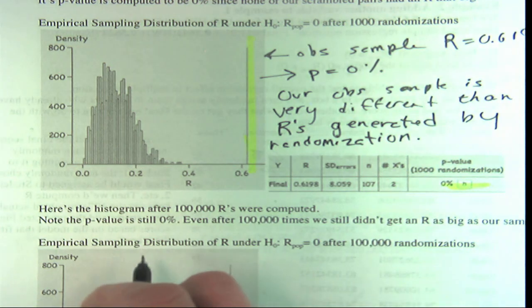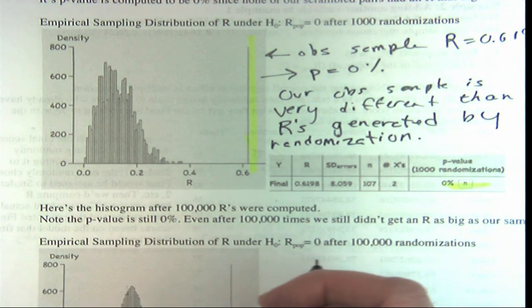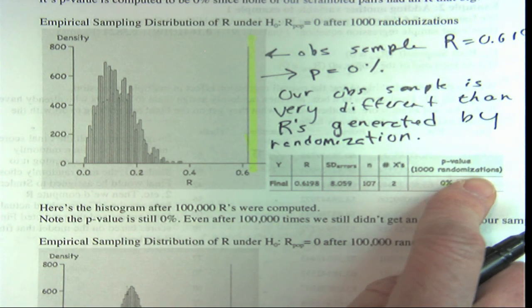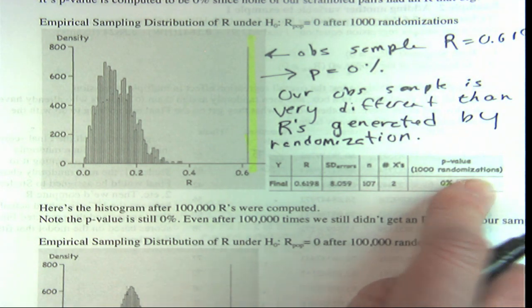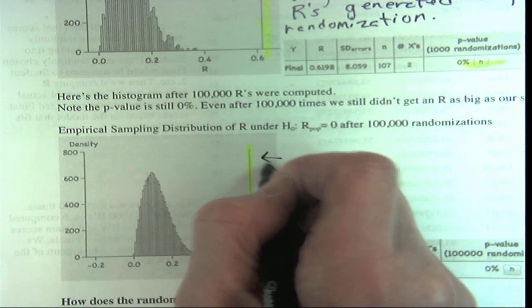By chance. Very different. So we reject the null. Okay? Extraordinarily strong evidence that there's something in our model. Okay, and here it is again. It's just smoother. After 100,000, you get smoother. So it is again. Again, that's ours.